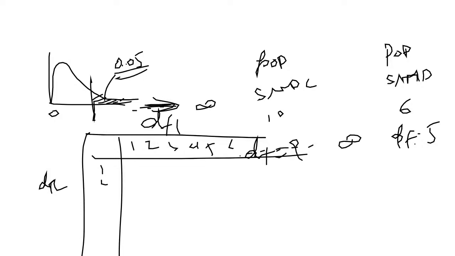And this will be 1, 2, 3, 4, 5, all the way to infinity. Now, I am on purpose not showing that because I expect you to figure it out yourself. Let me draw it out like this again. So we have df1, df2.